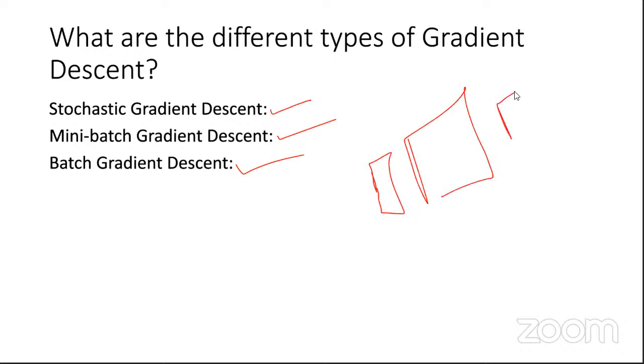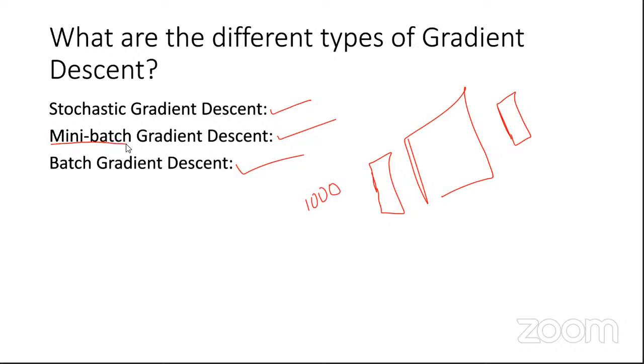If you have a dataset of 1,000 inputs, and you are sending one input at a time and flowing it through, then it is called stochastic gradient descent.